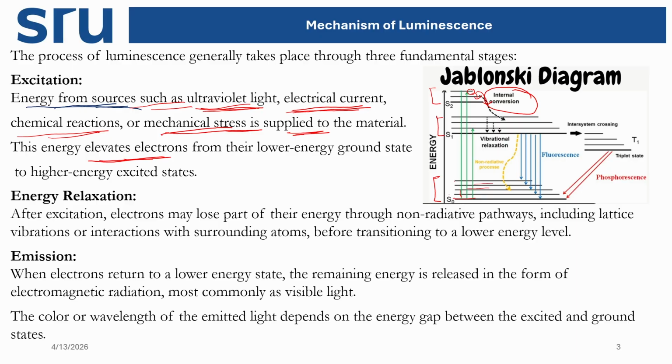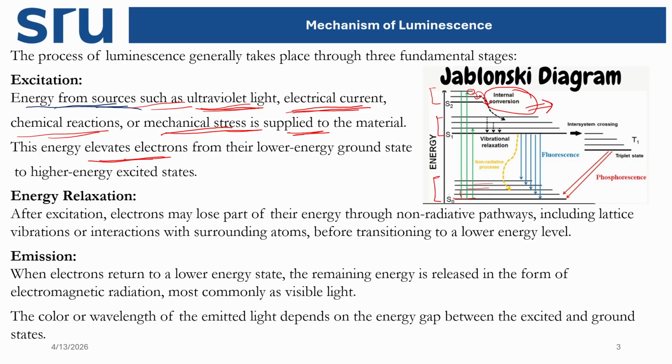Now that can happen by non-radiative decay. Non-radiative decay means that when electronic transitions happen within the same electronic state with a different vibrational level, the energy can be released in the form of heat.